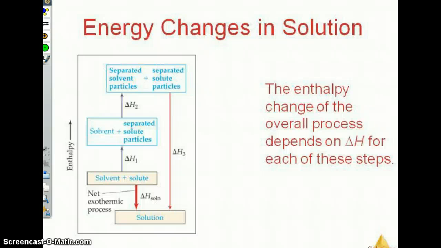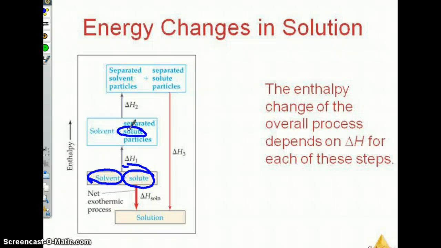We start out with the solvent, the water, and the solute, the sodium chloride. The first delta H here, change in enthalpy, is going to be the energy that goes into moving the water molecules apart. I'm sorry, moving the sodium and chloride ions apart. So, actually both. Okay? All right.